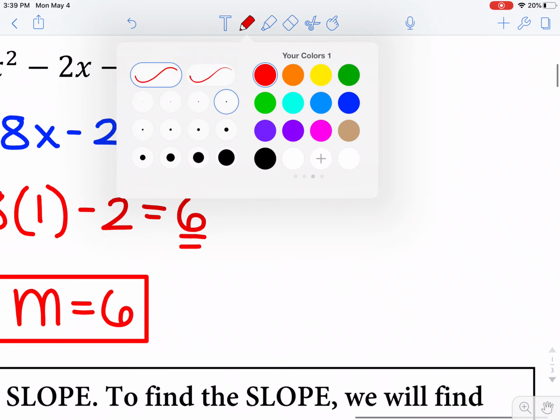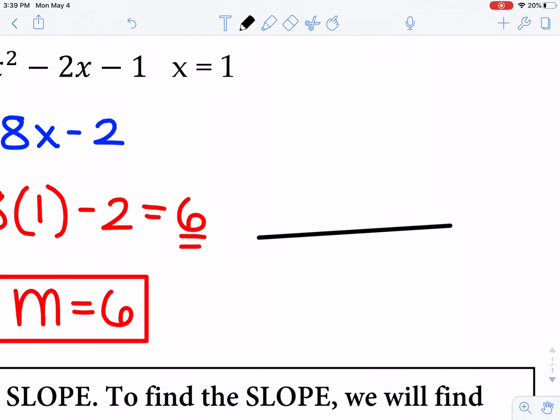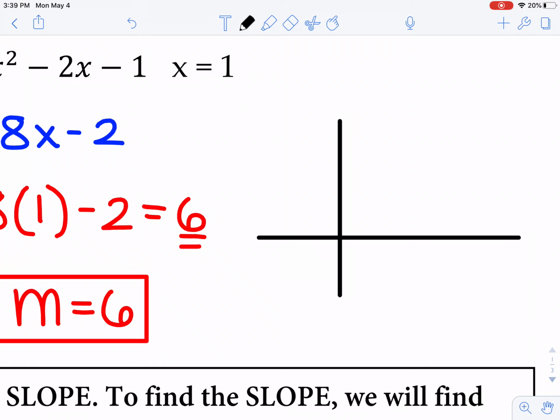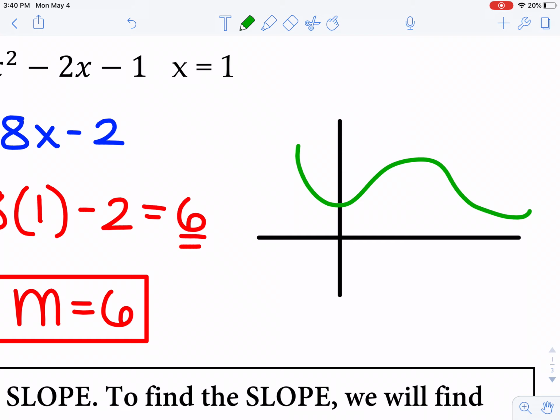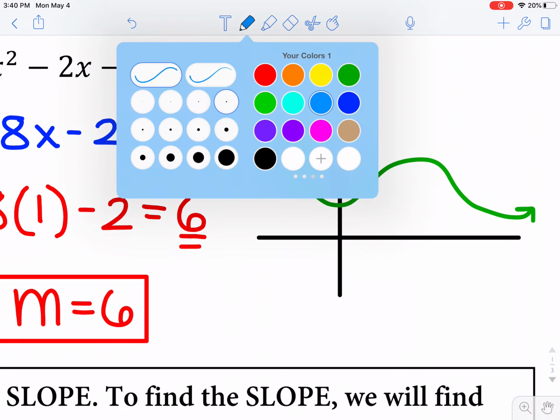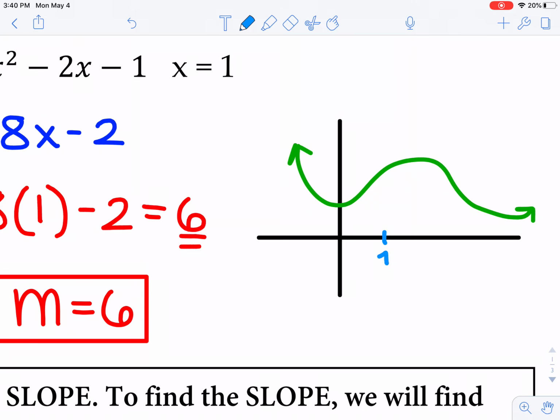You may be wondering, what does she mean, the slope of the tangent? What I mean is this. Let's just say this curve looks like this. Okay, whatever. It could just look like something curvy, and then here is x equals 1. So at x equals 1, here's the point. The tangent line is this blue line that I'm drawing in that just touches that point.